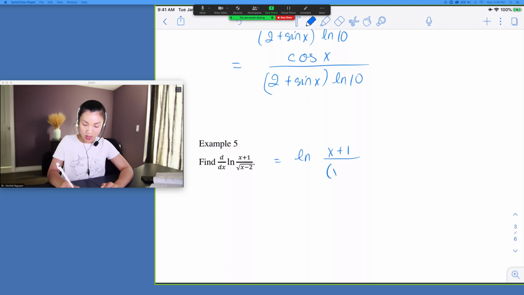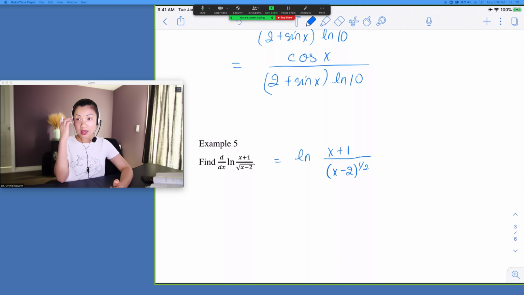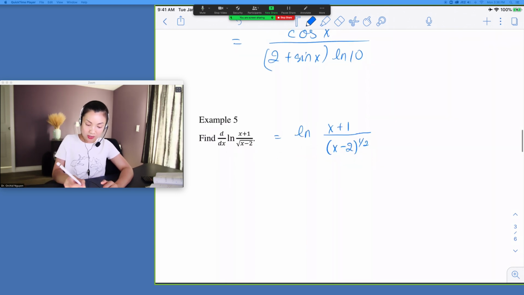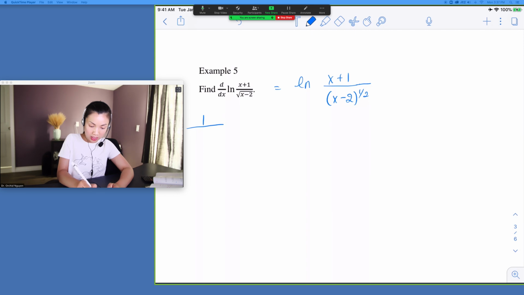I want to write x minus 2 to the 1/2. Okay, now let's take care of the quotient rule. So what we have is 1 over that whole thing. So it's x plus 1 over x minus 2 to the 1/2.